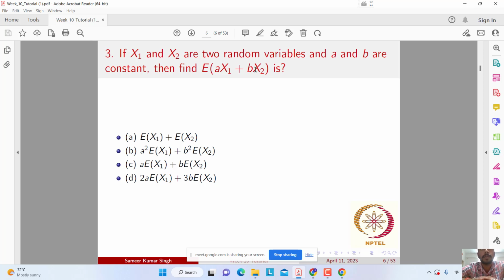Again we are multiplying a constant with our random variable, but what is the difference between question number two and three? There we are adding the two random variables.